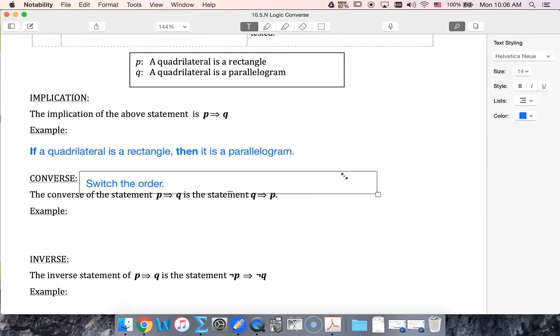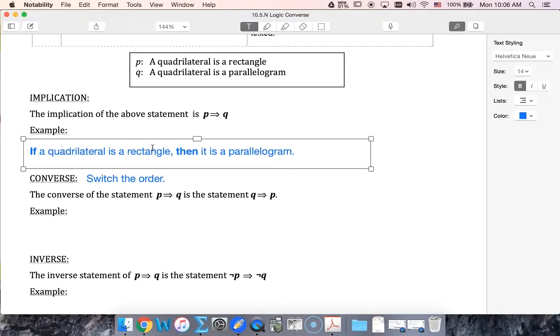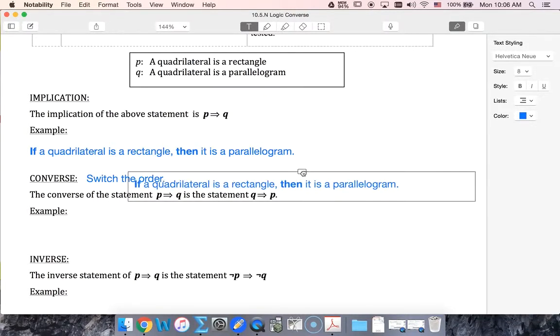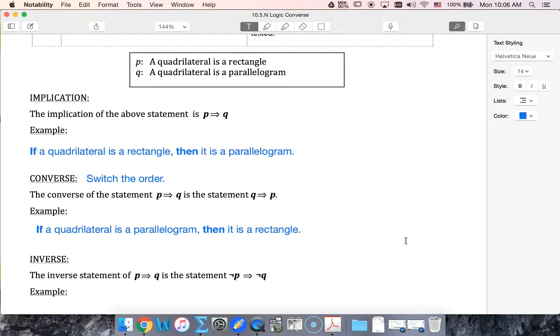All right, so the converse of if P then Q is if Q then P. So in this case, it's going to be if a quadrilateral is a parallelogram, then it is a rectangle. So notice this doesn't have to be true. Yeah, this can be true or false. This is just the converse when I switch the order.